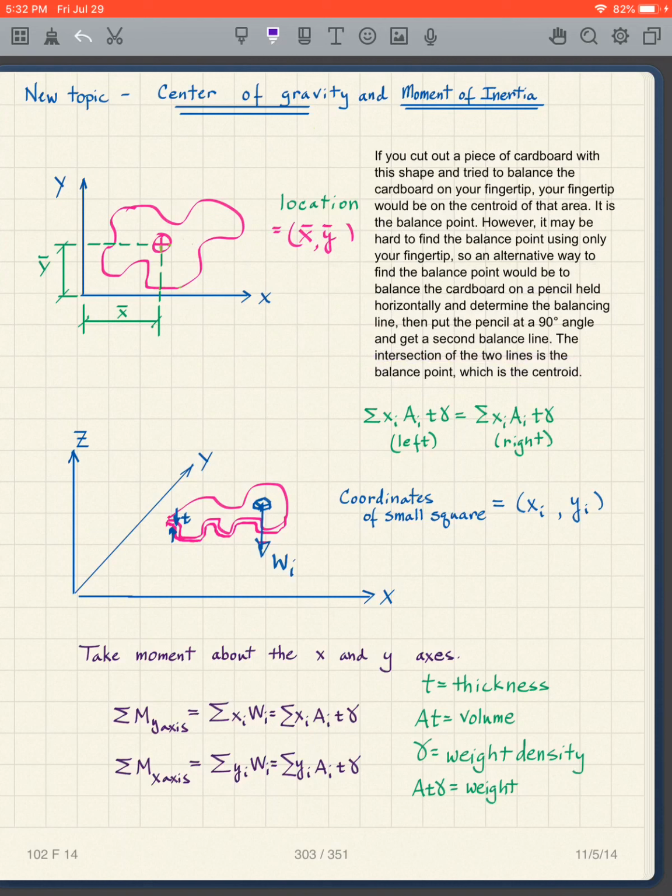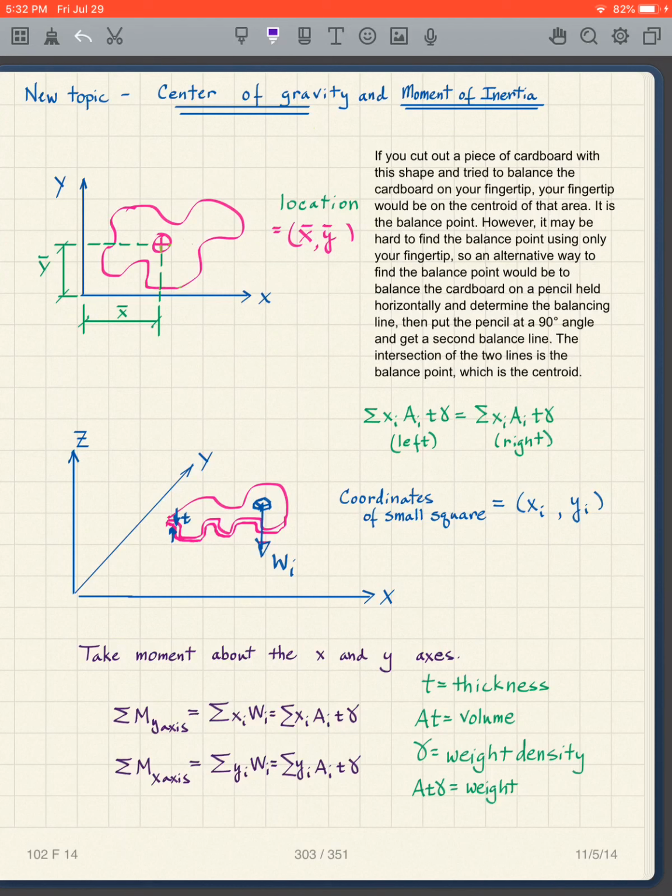And if we start to look at it, we're going to look at this from a perspective of taking little areas here. For instance, suppose I have a little square here, and the coordinates of that square are xi, yi, and we're going to take moments about the x and y axes. What would that look like?